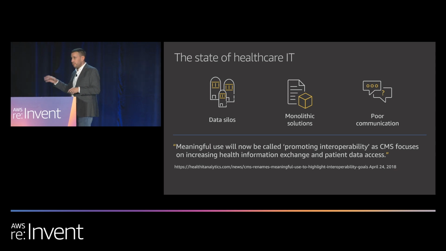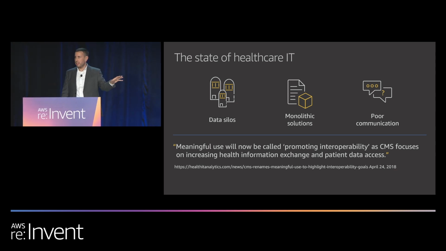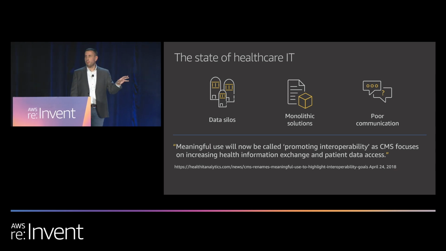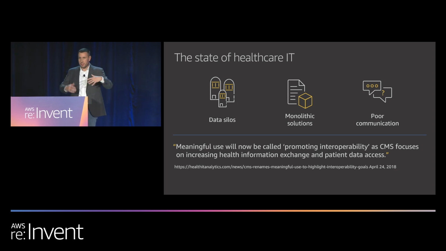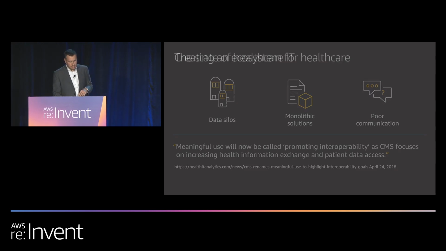Moving from fee-for-service to real value-based healthcare is blocked by the availability and interoperability of data within healthcare itself. The Center for Medicare and Medicaid has even renamed meaningful use, the thing that's supposed to be driving us to this value-based system, to become promoting interoperability, because they're trying to make everybody focus on just that alone, breaking up that iceberg.